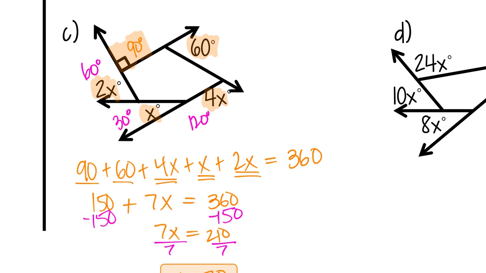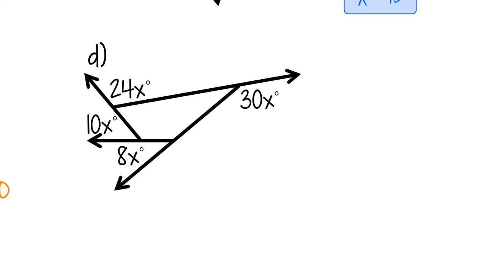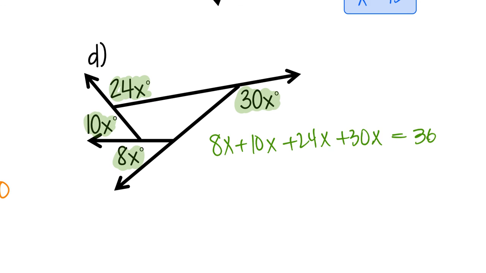And last example. Those are my 4 outside angles, exterior angles. This time, none of them are constants. They all have x. So we need to find x first by adding these all together and making it equal 360.